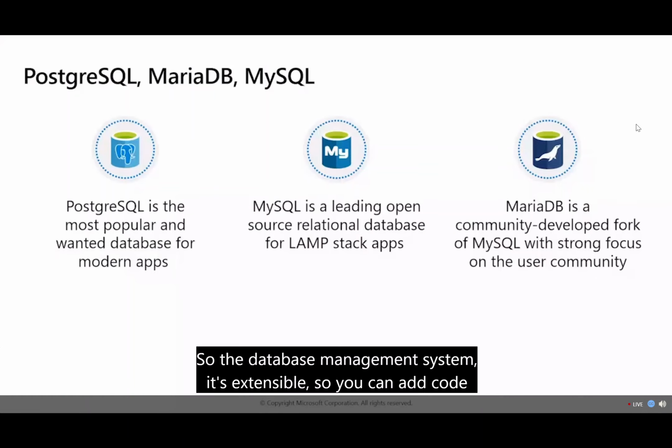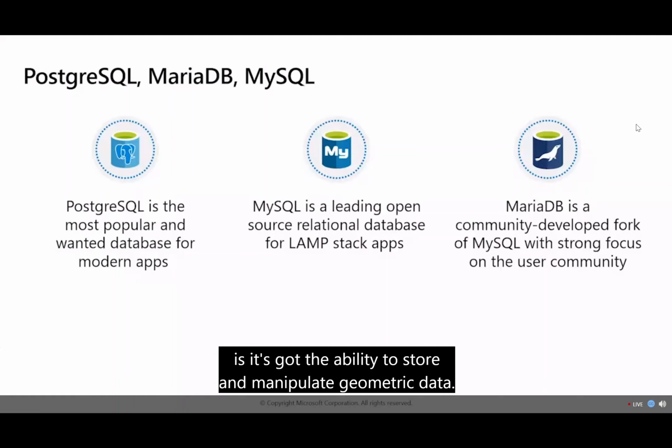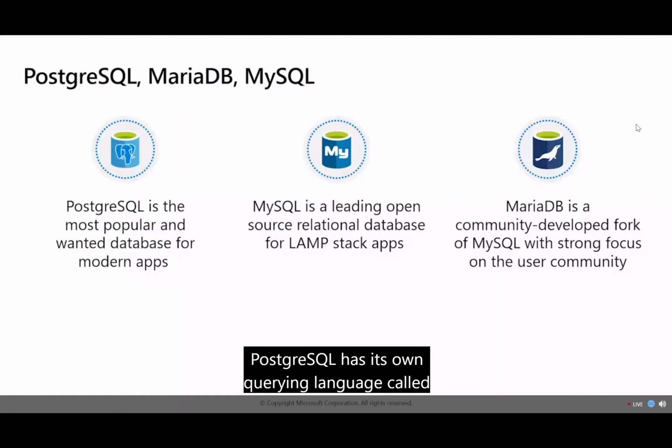So the database management system, it's extensible, so you can add code modules to the database, which can be run by queries. Another key feature of PostgreSQL is it's got the ability to store and manipulate geometric data. So these are things like lines, circles, polygons.